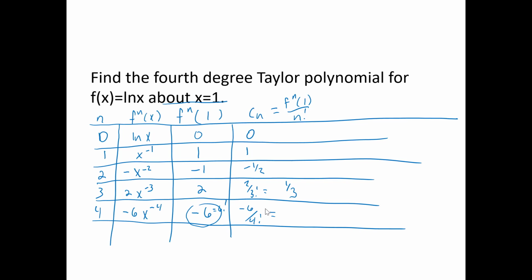And so then, I'm sorry, this is 3 factorial. And so then you have 3 factorial over 4 factorial. So that then becomes 1/4. Just trying to show you what's going to happen. -1/4.